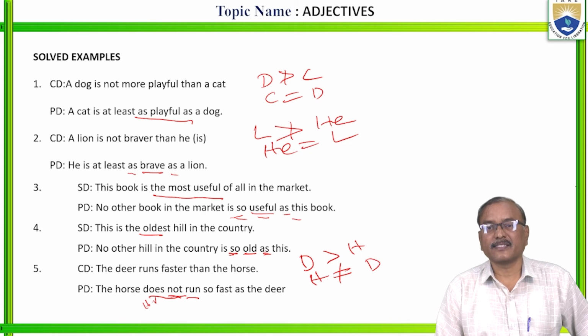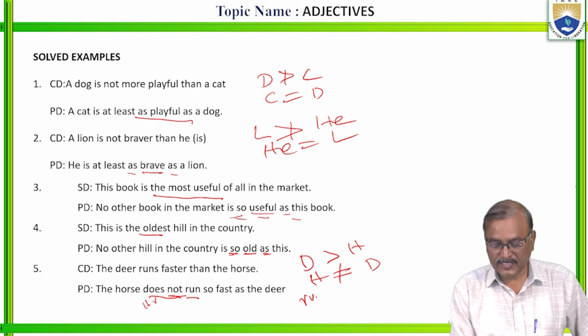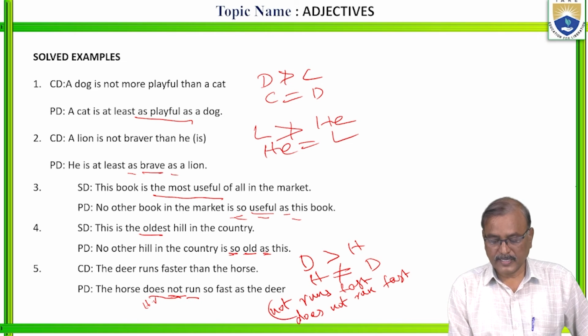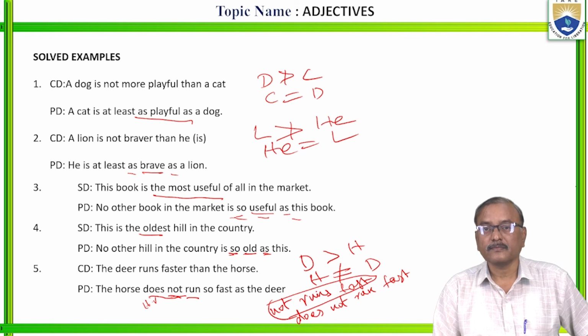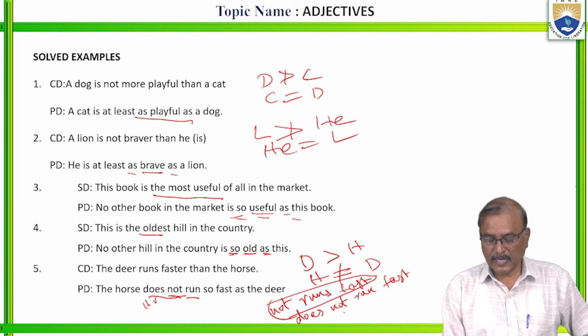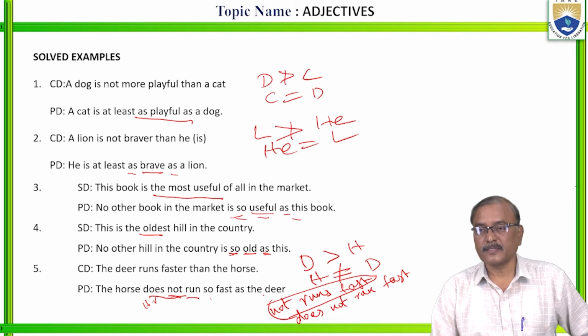Don't say the horse runs not so fast. Instead of not runs fast, you have to say does not run fast. Don't write this one. The deer runs faster than the horse. The horse does not run so fast as the deer. Right?